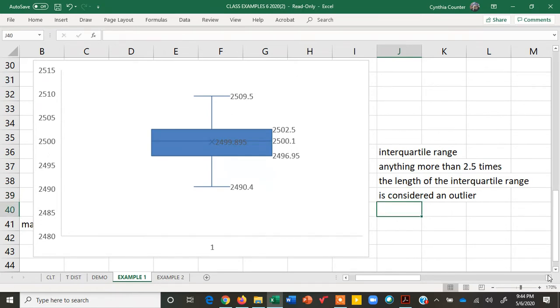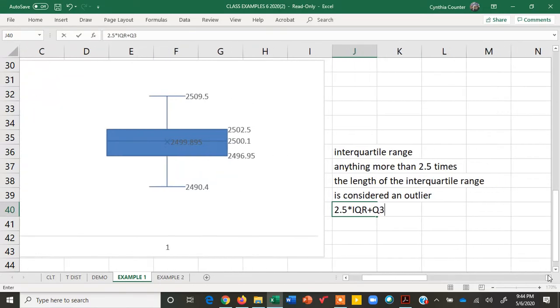And the actual 2.5 times interquartile range plus that upper quartile Q3 equals the upper fence. 2.5 times the interquartile range subtracted from the lower quartile Q1 gives you the lower fence.